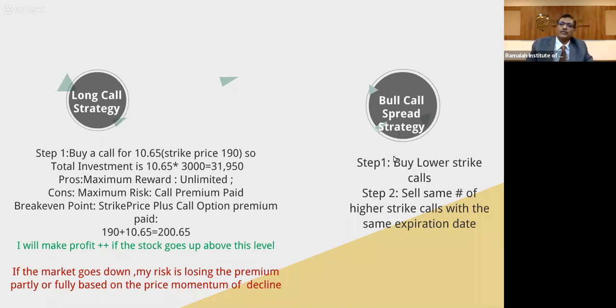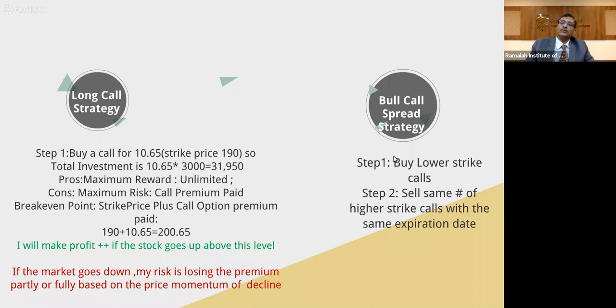So here what we do is we have a combination, and that's a spread. And that's where the definition of a spread, the step one is to buy a lower strike call. And in this case, my SBI is running at 189.95 and I'm buying a call of 190 rupees.